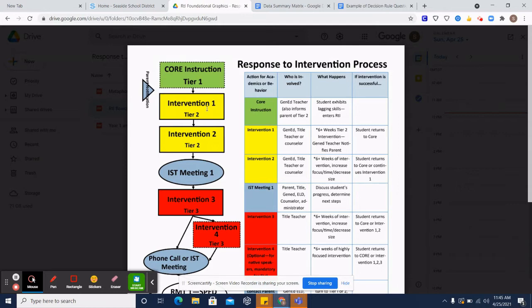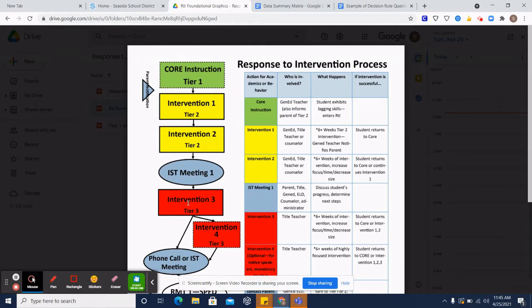And so students experience, if they need it, increasingly intensive interventions as they go along. And at some point in time, they go to what we call an IST meeting, or their parents actually come to the IST meeting with all the instructors involved, and they make a plan for a third intervention.